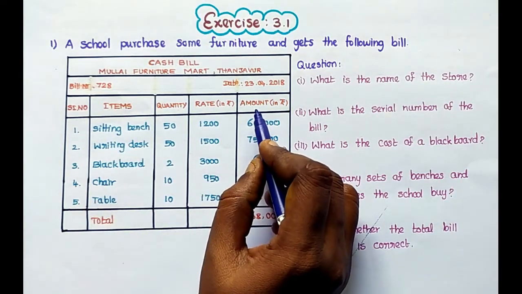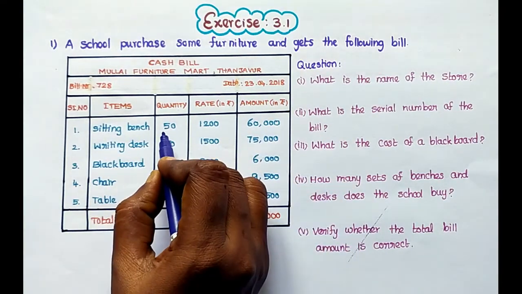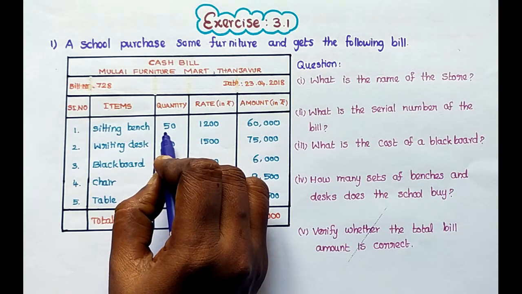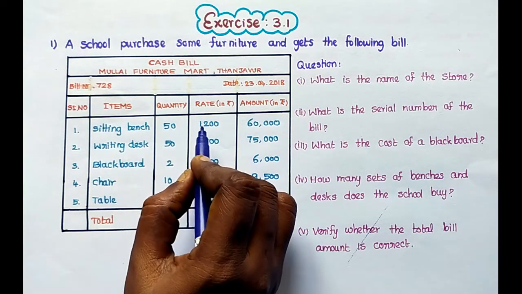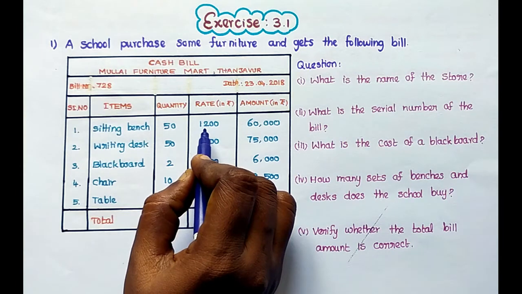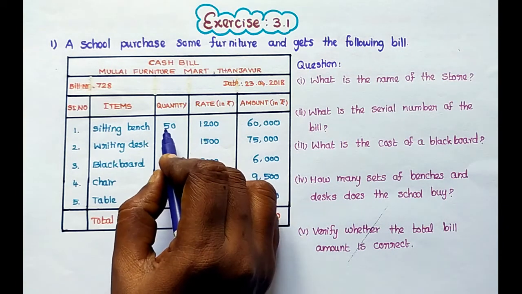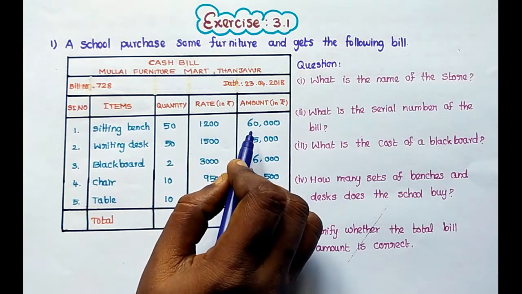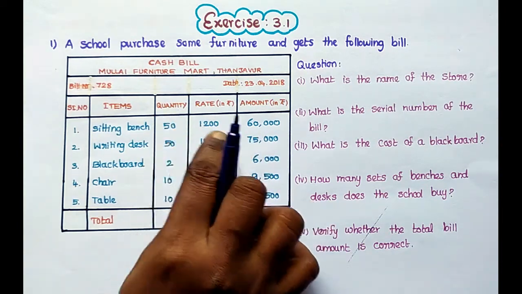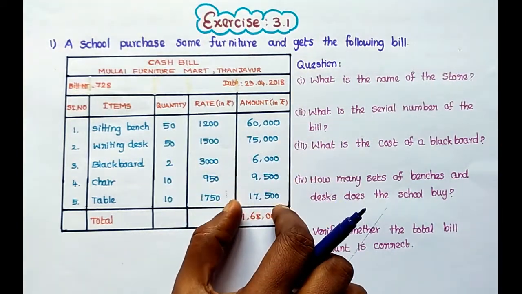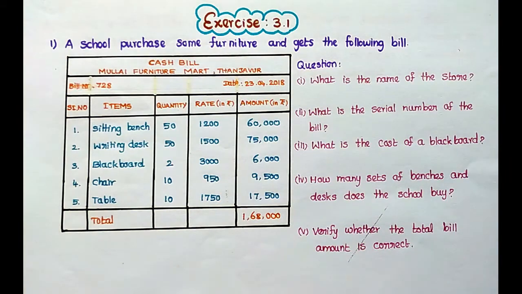Next, the amount. They bought 50 benches. So 50 into one bench rate 1200 equals 60,000. So multiply this and get the amount.